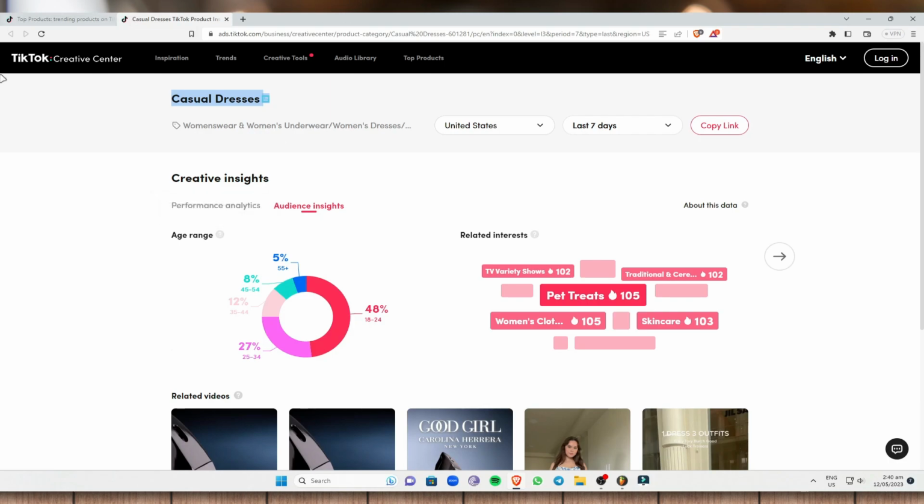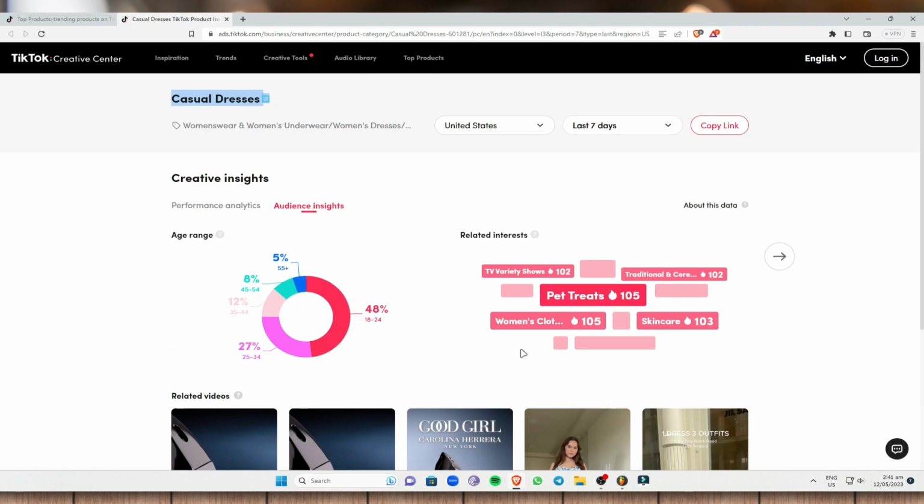So as you can see right here, around 48% of people or women that range from 18 to 24 will always click through these, and next is the 27%, around 25 to 34 years old people will click on this. As you can see, 12% are 35 to 44 years old people, and 8% are 45 to 54 years old, and 5% are 55 plus age right about here.